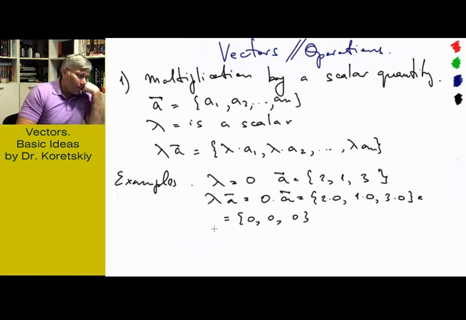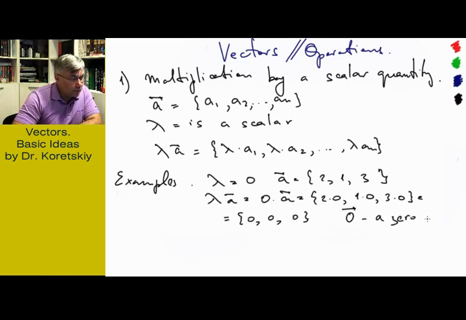By the way, a vector where all components are zeros is usually known as the zero vector. It's better to use this denotation, a zero vector. A vector with all zero elements. This is the first example here.